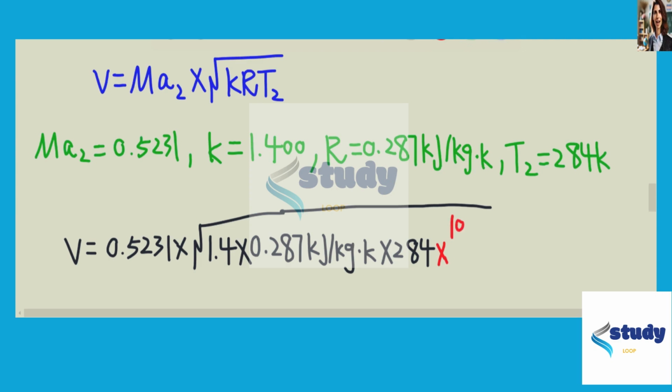So it's equal to 1,000 meter squared per second squared over 1 kilojoule per kilogram. And this will give us the velocity after the shock is about 477 meters per second.